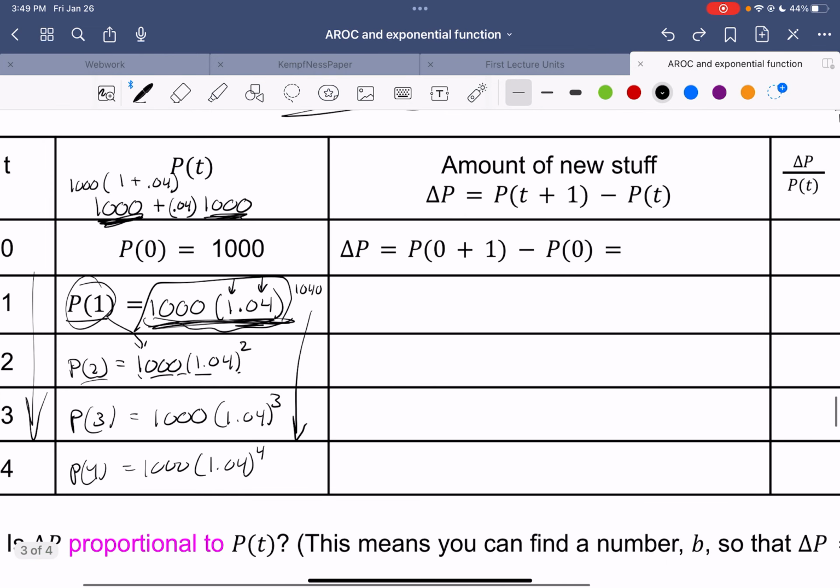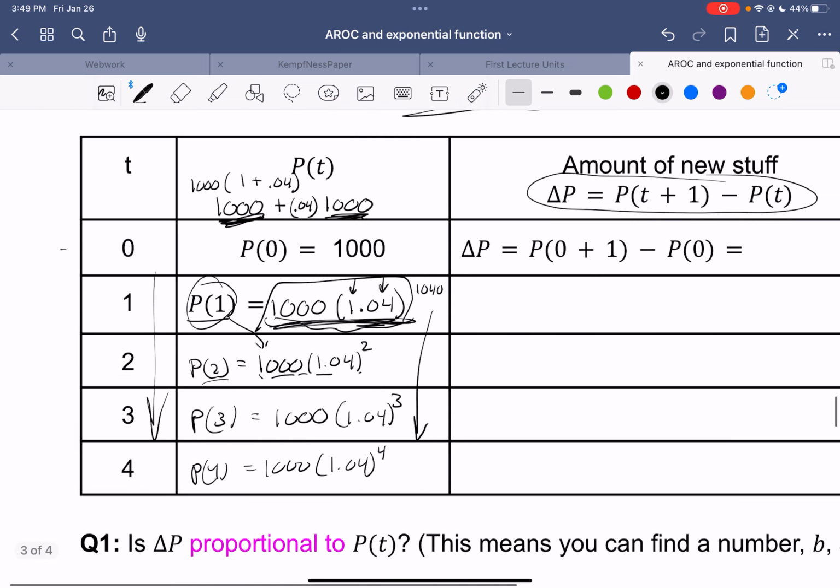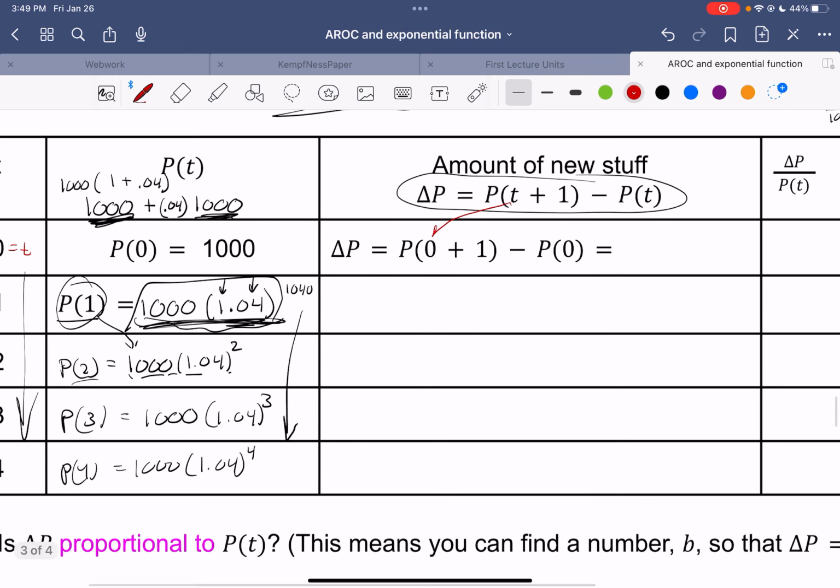Okay, let's figure out how much new stuff there is. So we've seen this notation before. It was that super frustrating thing from before. And remember, what you do is in your given row, this is telling you your t value. So we're going to replace t with that value. Okay.